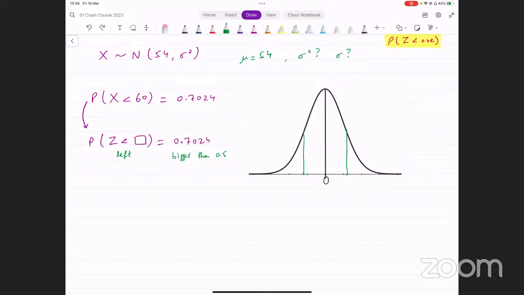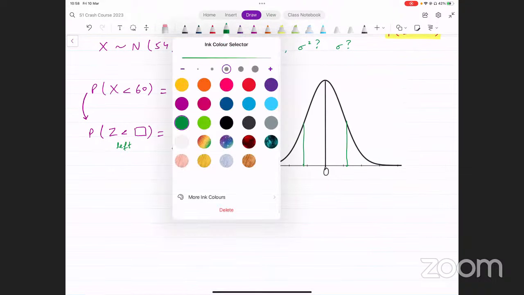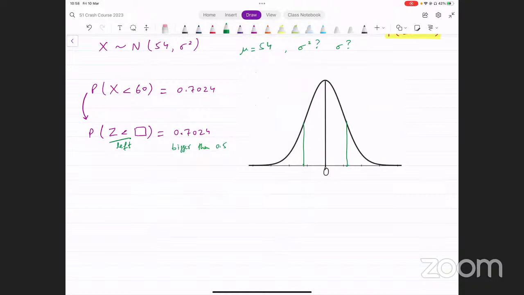We need to figure out whether it's on the positive side or on the negative side. We have 0 in the middle. What we're saying is, wherever Z is, the area to the left of Z should be bigger than 0.5.